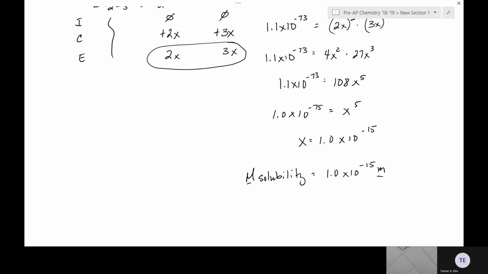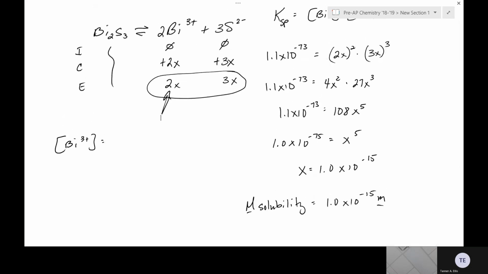Okay, now, here's the deal. In a saturated solution, what's the concentration of bismuth ion? At equilibrium, which means it's saturated, it'd be 2x.